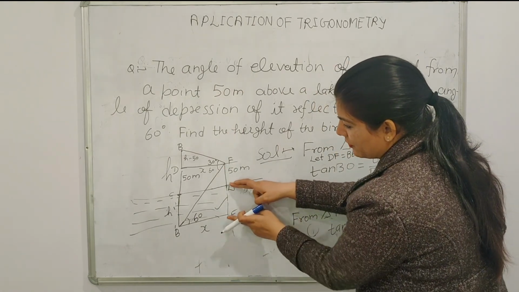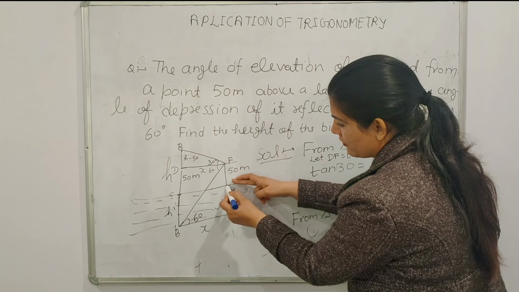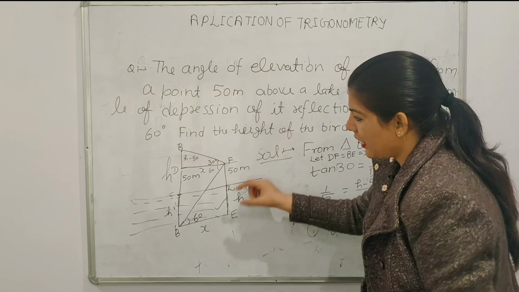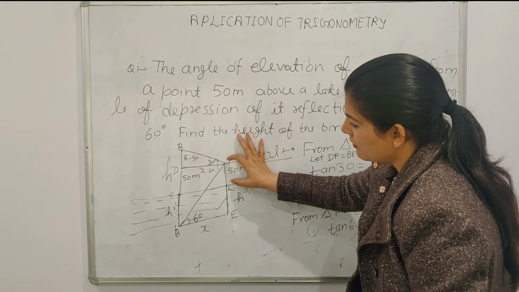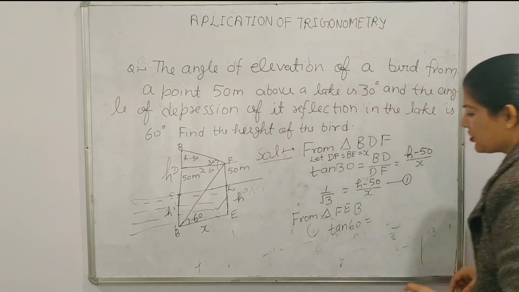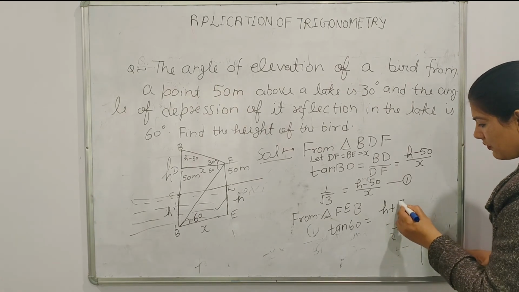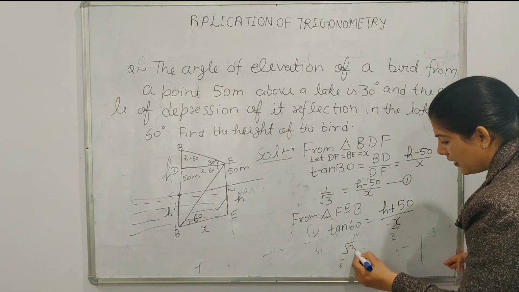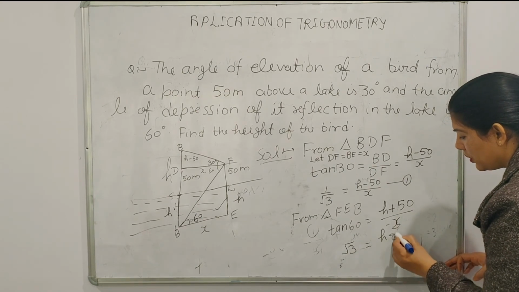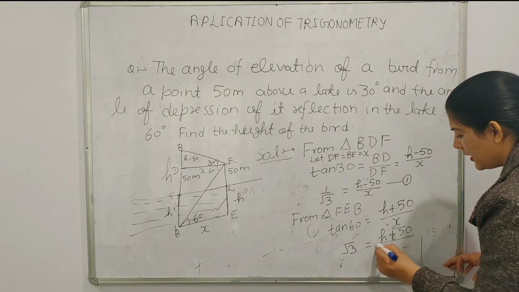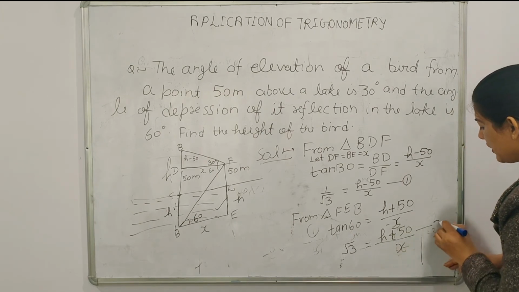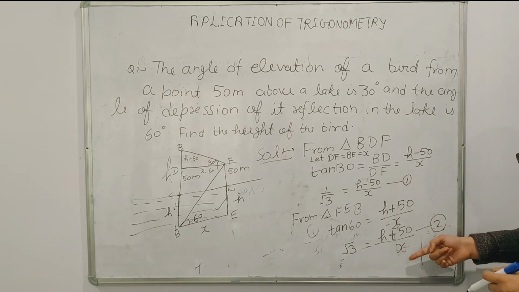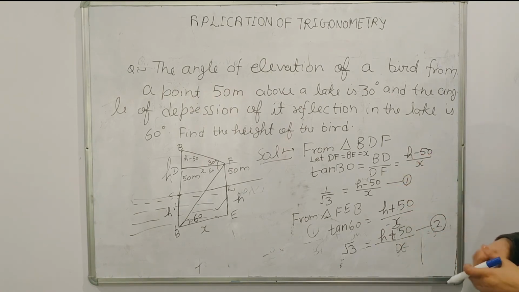This is h, this height below the lake surface, and this is 50. So this is h plus 50 divided by X, and the value of tan 60 is root 3, so root 3 is equal to h plus 50 divided by X. This is equation 2.